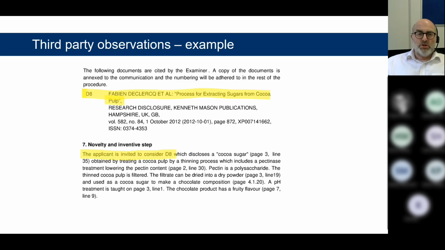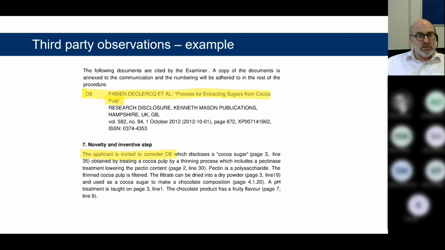This particular slide shows the subsequent examination report at the European Patent Office. You can see that the examiner raised this document. It's the same de Klerk document. And they've then said, well, actually, this document seems to be relevant for both novelty and inventive step, and that document needs to be taken into account by the patent applicant before that patent will be granted.